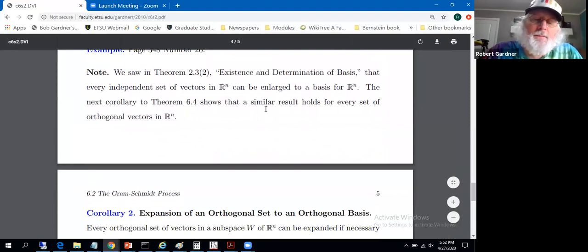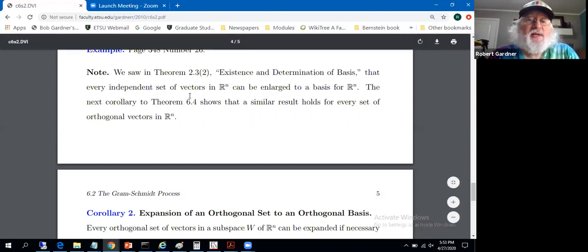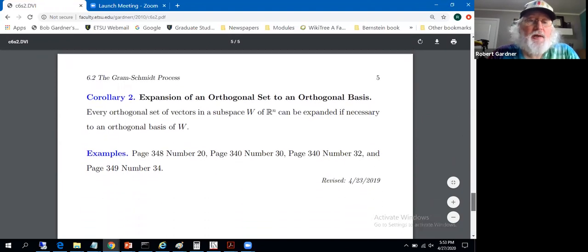Okay, back in section 2.3, somewhere in chapter 2, we saw that every set of independent vectors can be expanded to a basis for Rn. You take linearly independent vectors from Rn, they can be expanded to a basis. We're going to say the same thing holds if you want an orthogonal basis or an orthonormal basis. So if we start with an orthonormal set of vectors in Rn, it can be enlarged to a basis of Rn.